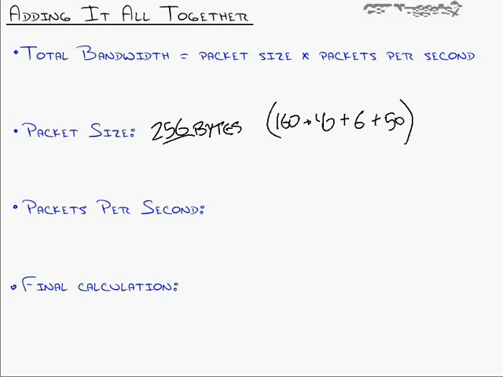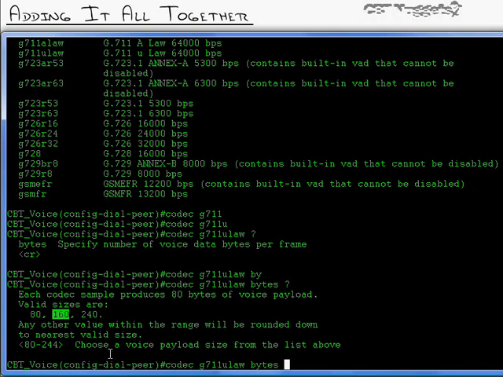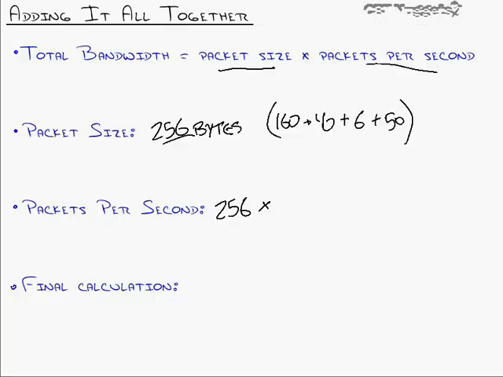Now total bandwidth is packet size times packets per second. So we're going to take our 256 bytes and multiply it by packets per second. Well, how do we figure that out? How many packets per second are being sent? Think it through. We've got G.711 audio, which has a 20 millisecond sample size, right?